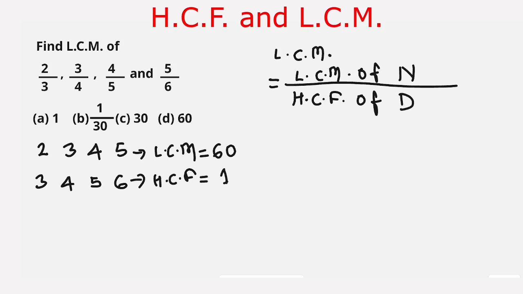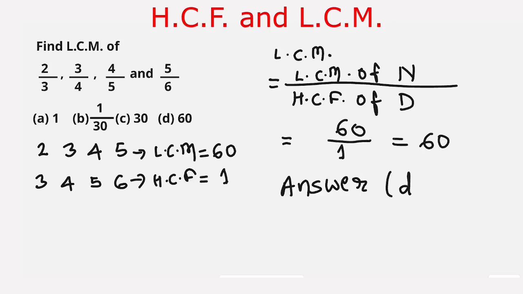Now we put these values in the formula and we get LCM of numerator is 60 upon HCF of denominator is 1, and this is equal to 60. And from the given options, our answer is option D, 60. I hope you have understood the method of finding LCM of fractional numbers. We go to the next question.